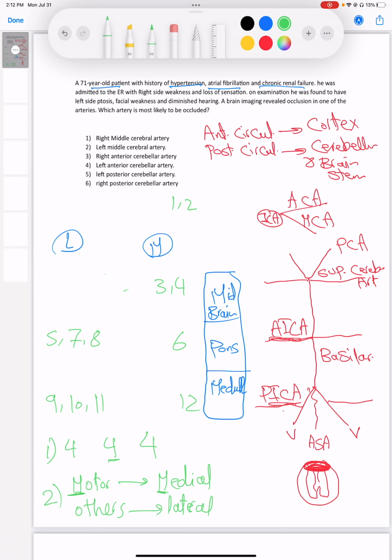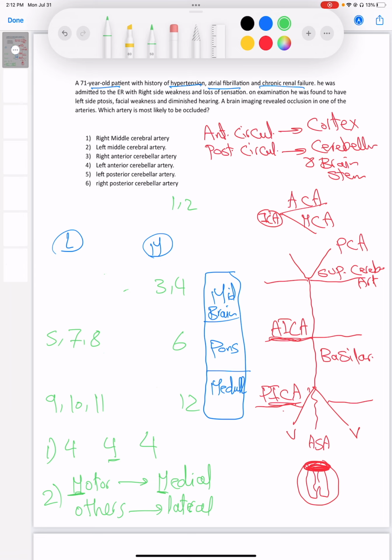The next 4 are from the pons, and actually 6 is motor, so it's medial pons, and 5, 7, and 8 are mixed, so they are from the lateral pons. Then after that, we have 12 from the medulla, medial medulla, because it's motor, and we have 9, 10, and 11 from the lateral medulla, because they are mixed.